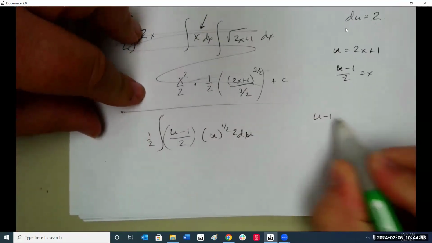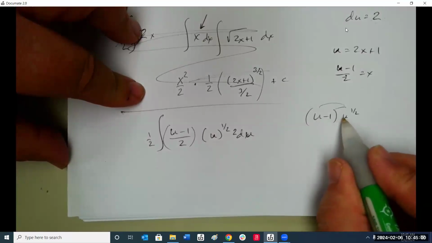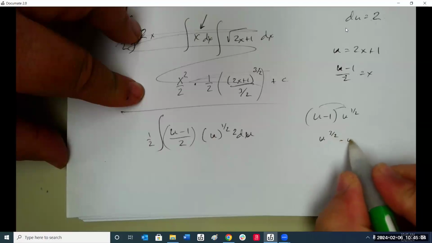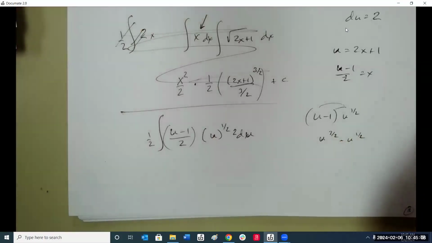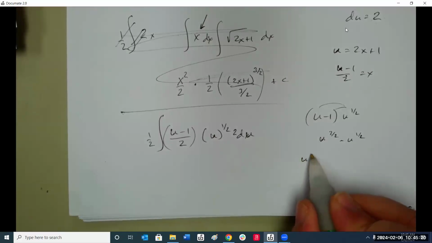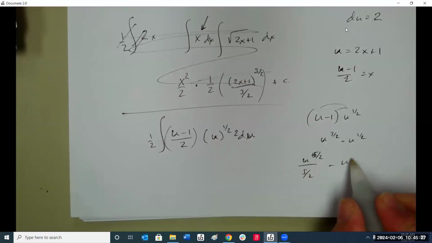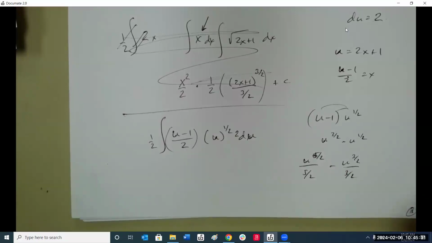We go further. We have u minus 1 and we multiply it by u to the power 1/2, which gives u to the 3/2 minus u to the 1/2.